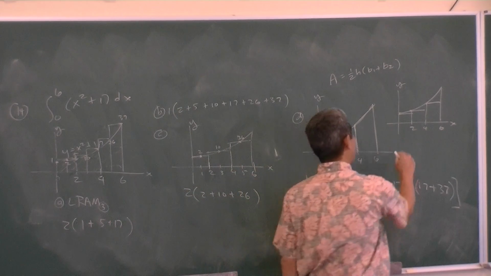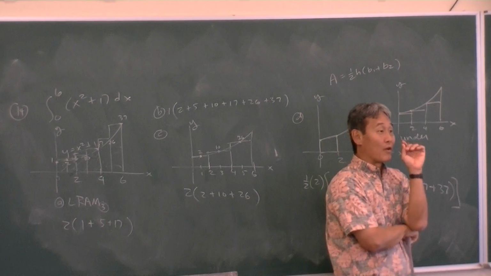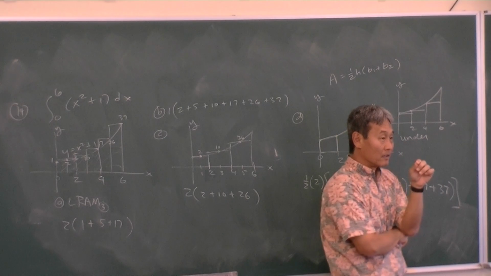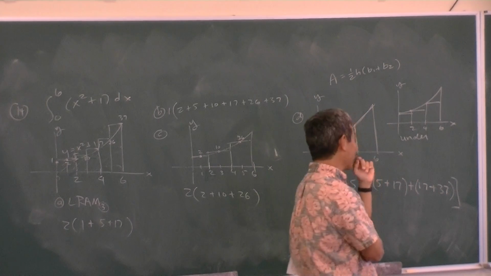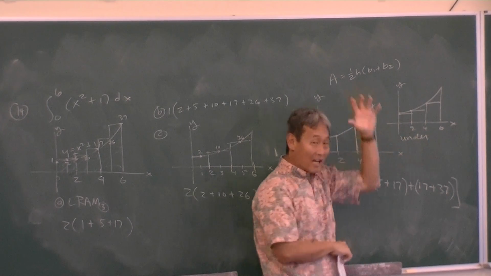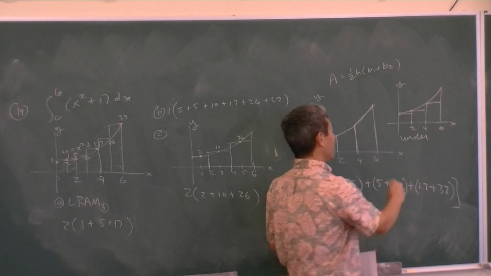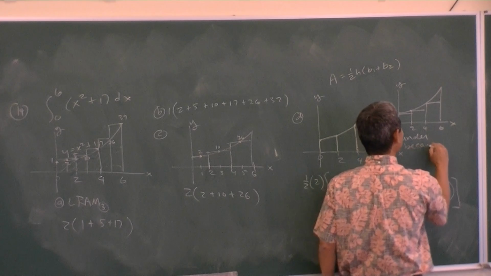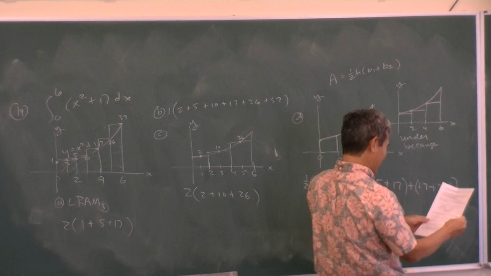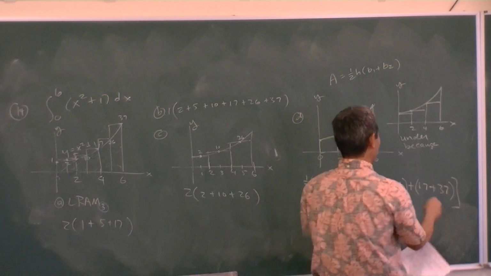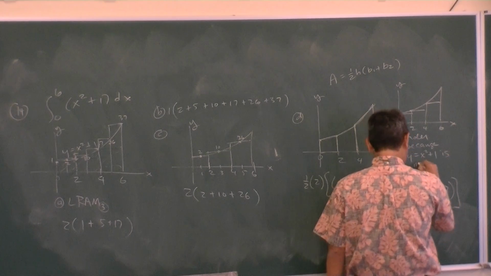Anyway, is the area of these three rectangles below or above the actual area? It's below, so it's an underestimate. But on the AP exam, you have to say why. Why is it an underestimate? Because it's increasing. Because from 0 to 6, the function is increasing. What is the function name? y equals x squared plus 1 is increasing from 0 to 6.